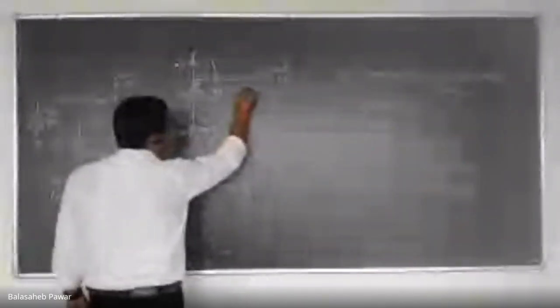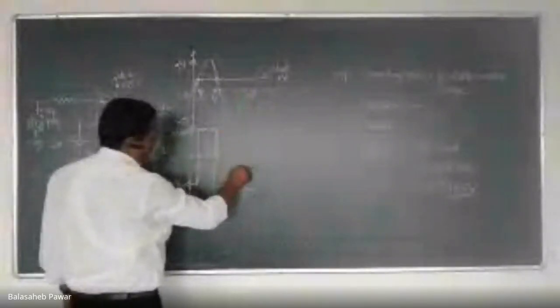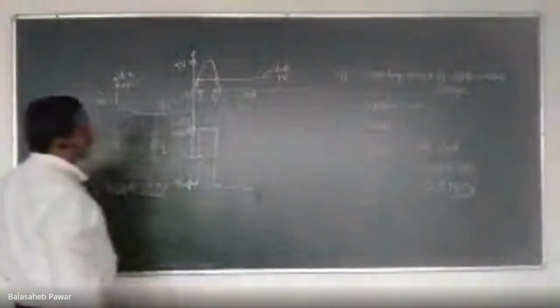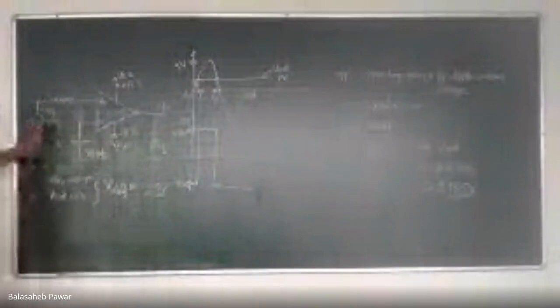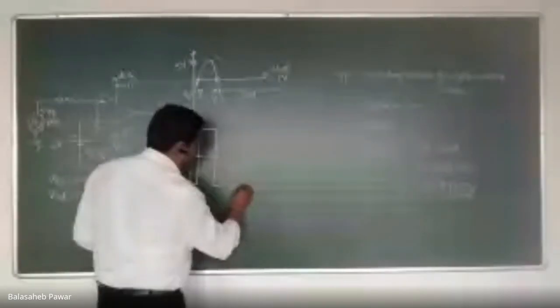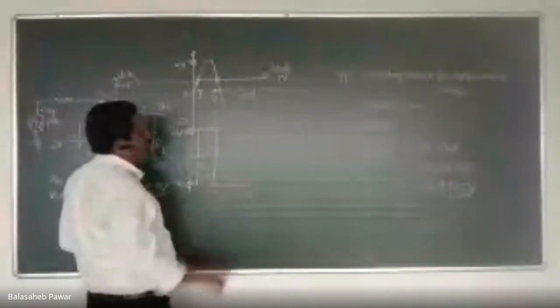At T2 again it will go to 0. After T2, the output of that op amp will remain minus Vsat during the complete negative half cycle, because the sine wave will have negative values while our reference voltage is at plus 1. And that's why the output will remain minus Vsat.